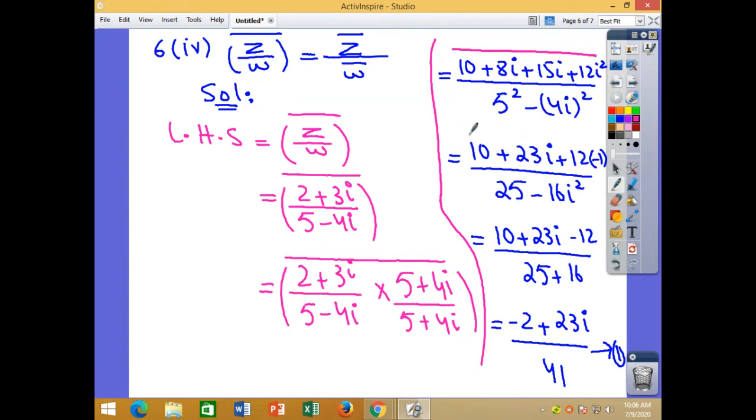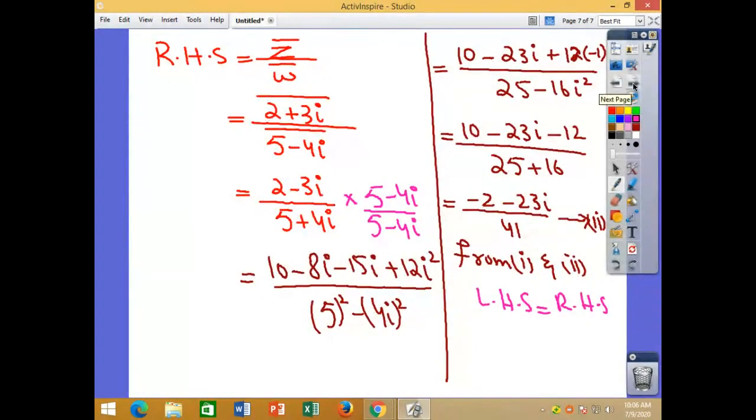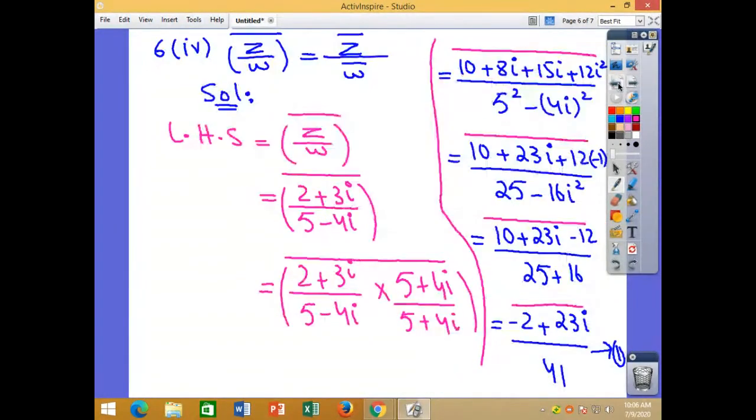Here we take the conjugate, again here we take the conjugate. When we take the conjugate we get negative instead of positive. So in equation number 1 we get negative 2 minus 23 iota.